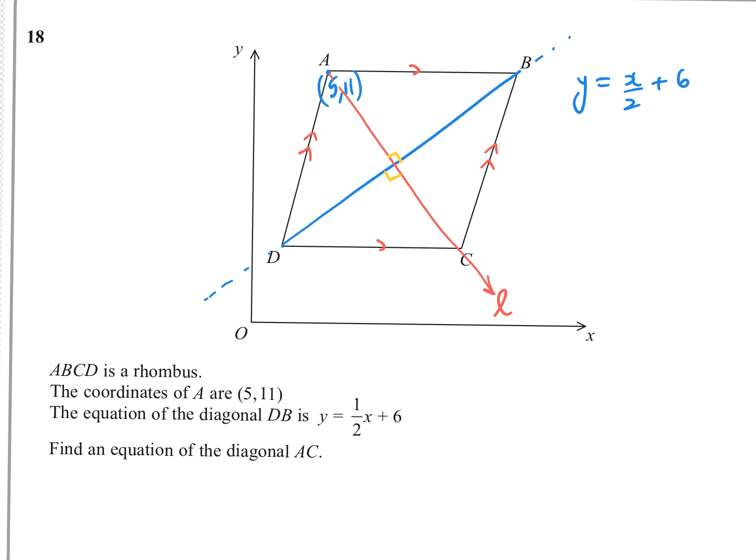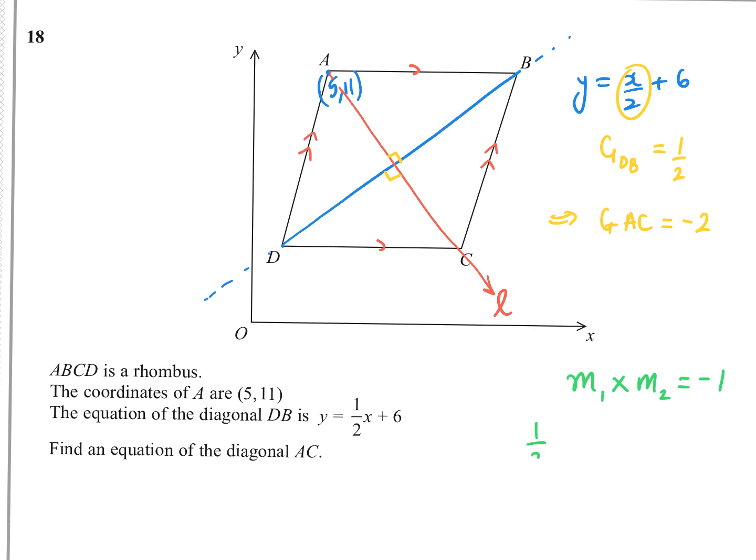So AC and BD are perpendicular to each other. So that should ring a bell, that if we know that the gradient of DB from here is given as a half, we should know therefore that the gradient of AC is -2. Because the little thing here from your lessons you should know is that two perpendicular gradients, their product is always -1.